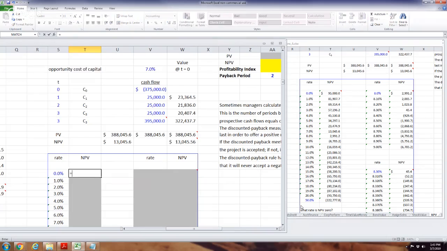We're going to say equals 375 plus parenthesis these 25s a bunch of different times. And this is 1 divided by 1 plus that rate, to the first power.